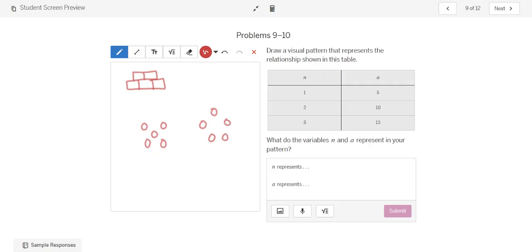So here's stage 1, and then stage 2 is going to grow like an octopus or like a little person, a pentapus, because it's got 5. And then the third stage would look like that, like a sea star that's growing. And so the N represents the step number or the stage number, and the A represents the number of dots or circles, whatever you used.